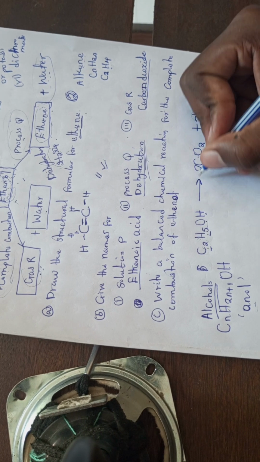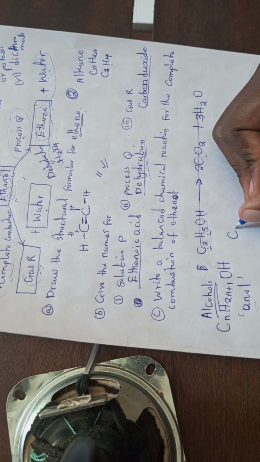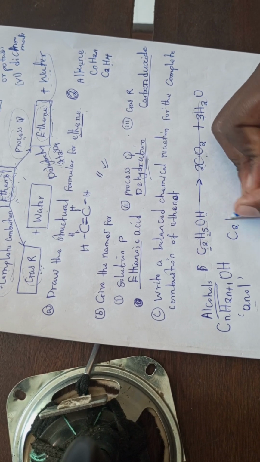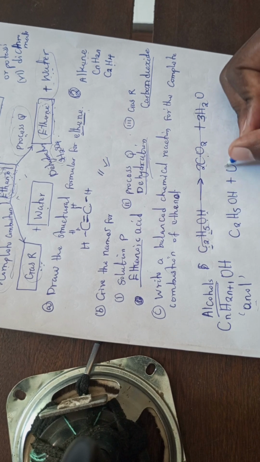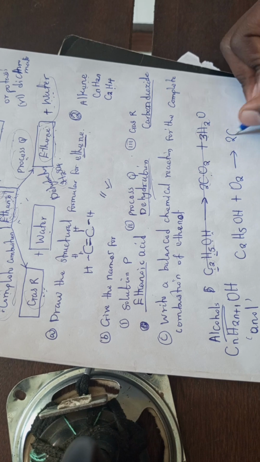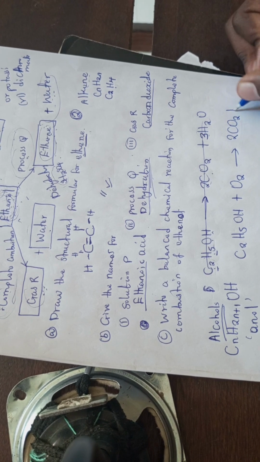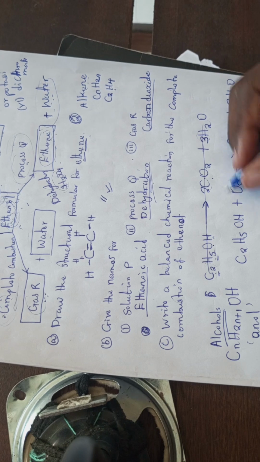Sorry, I've left something here. Since it's undergoing combustion, C2H5OH plus O2 is equal to 2 carbon dioxide plus 3H2O. I just left out this.